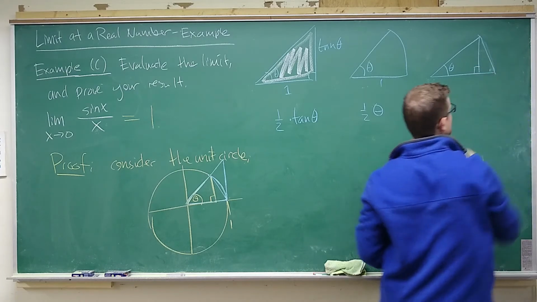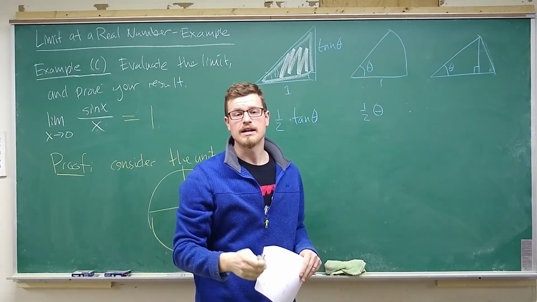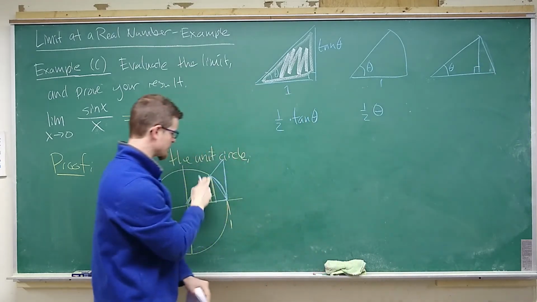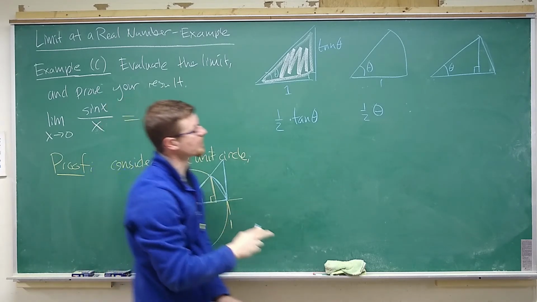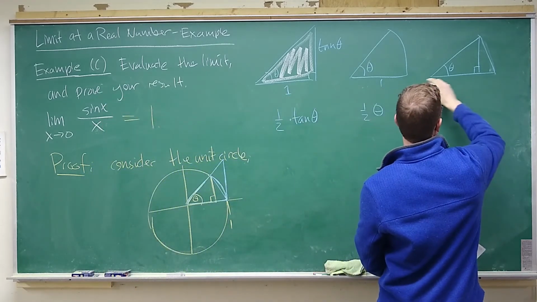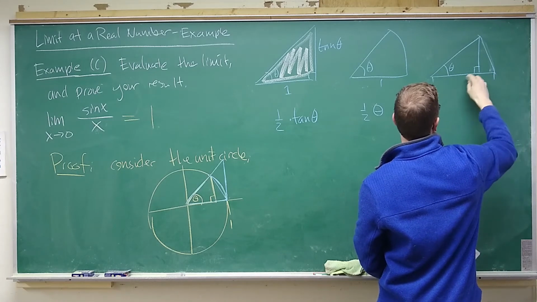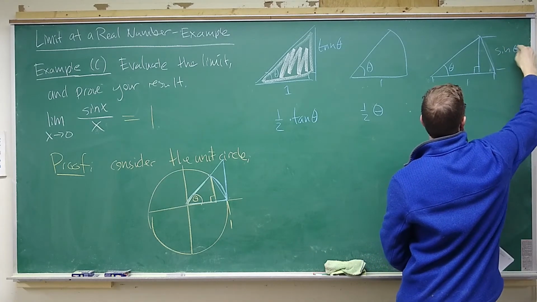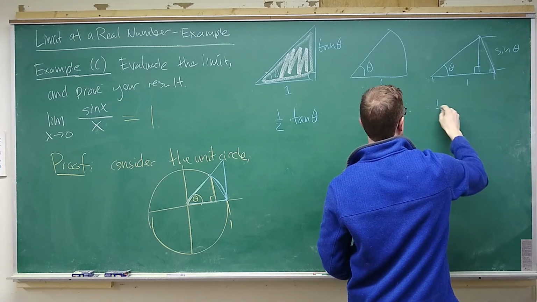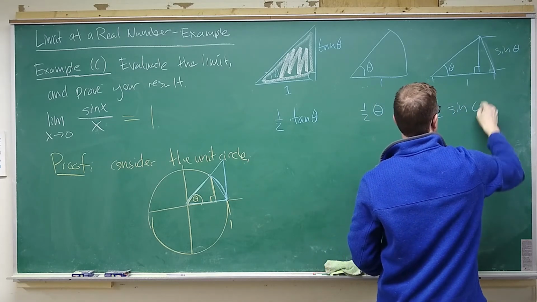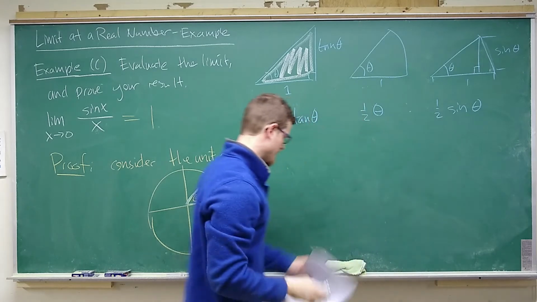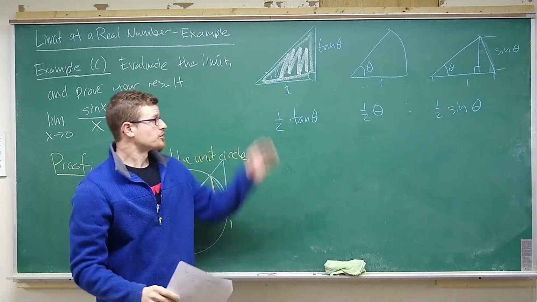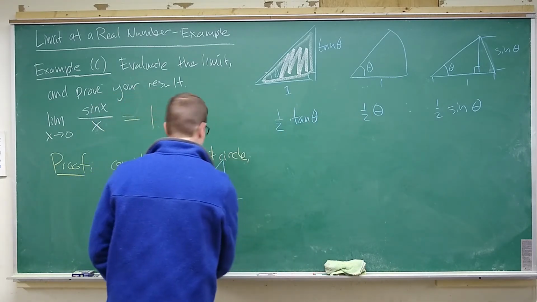The height of our triangle is exactly sine of theta, because that is the height here, sine of theta. So base of length 1, height of sine theta, so this is 1/2 sine of theta. All right, so we have these three areas.